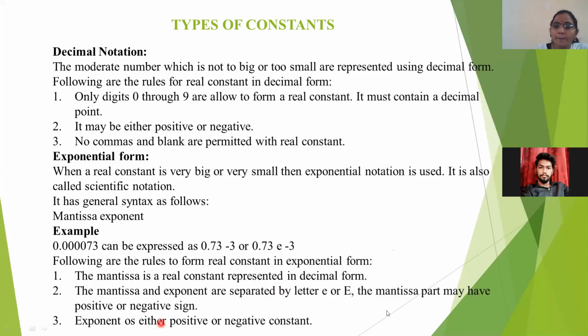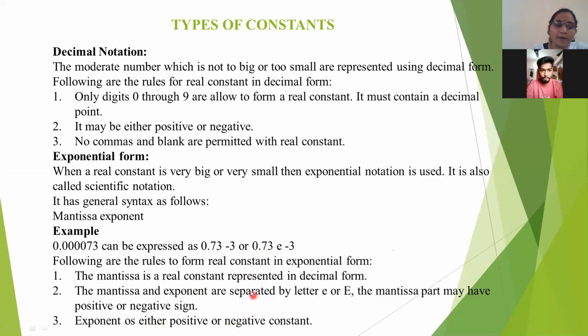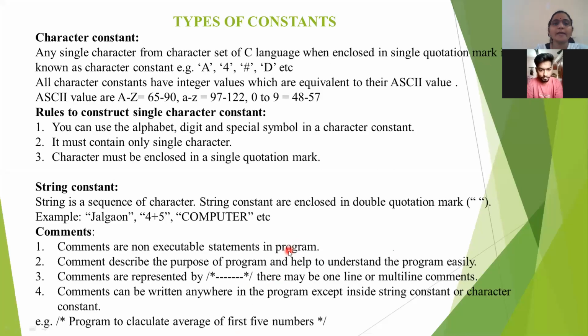The mantissa part may be positive or negative. The exponent is also a positive or negative constant. Similar to the mantissa part, in the exponent part you can also use positive as well as negative numbers.